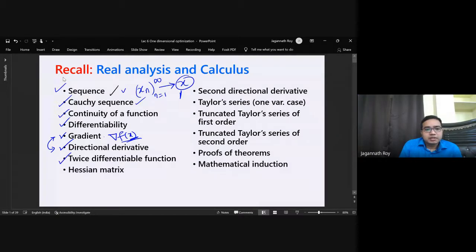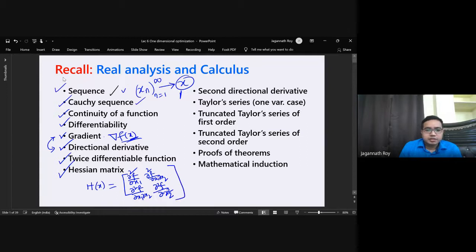And then twice differentiable functions: a function is called twice differentiable or C2 function if the second derivatives exist and are continuous. Similarly, the Hessian matrix at a point is a symmetric matrix containing the second order partial derivatives, del 2f over del x1 squared, del 2f over del x1 del x2, and so on, a 2 by 2 matrix for the two variable case.